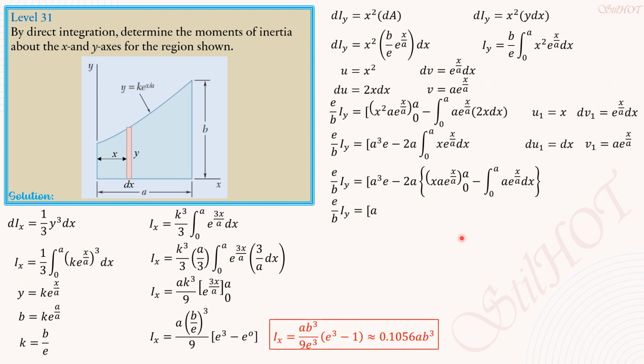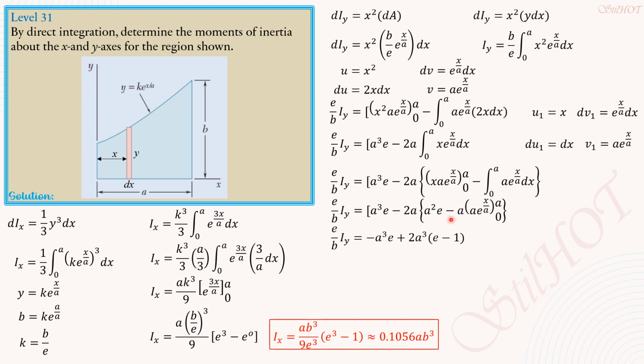So e over b Iy equals a cubed e minus 2a times a squared e minus the integral of e^(x/a) dx, which is a e^(x/a), again from 0 to a. Simplifying, e over b Iy equals negative a cubed e, because a cubed e minus 2a cubed e is negative a cubed e.